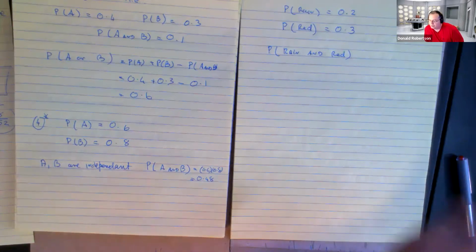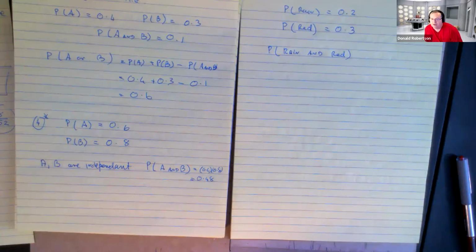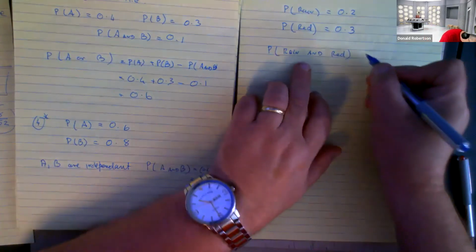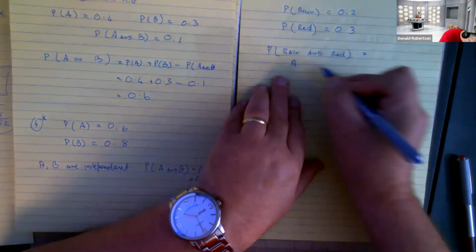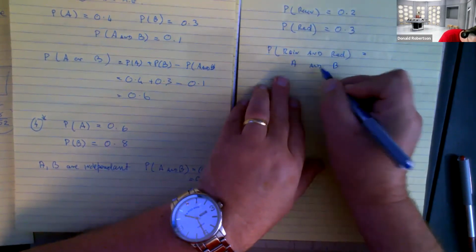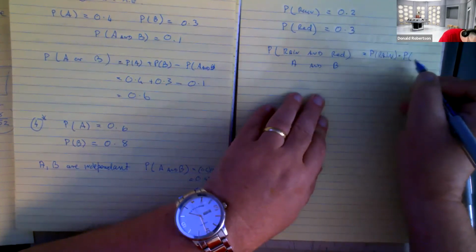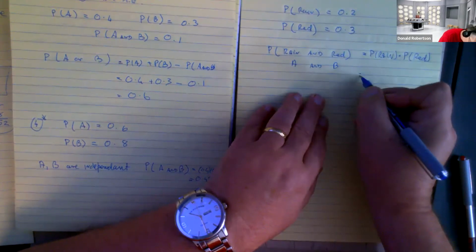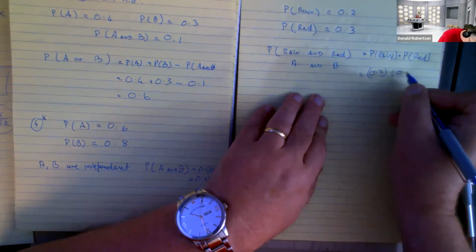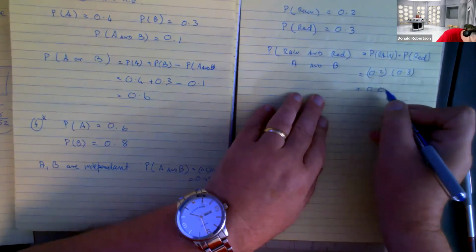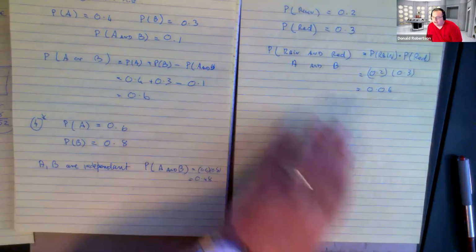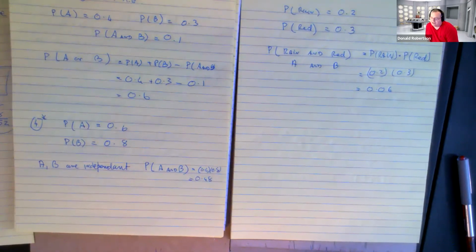There's no reason I would change the colour depending on the weather. So we can say that this is A and this is B, and we're going to do an AND. So it would just be simply multiplying the probability it rains by the probability that it's red. And that would be 0.2 times 0.3, which ends up being quite a small chance of happening. Isn't there only a 6% chance that it rains and I'm wearing red tomorrow? Right? Multiplication goes with independence.